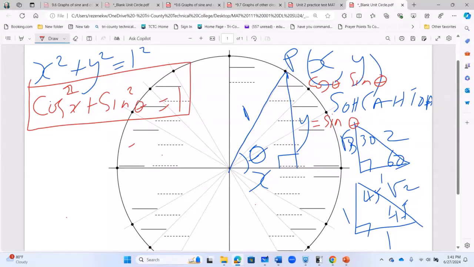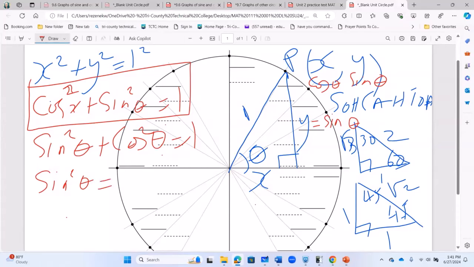I can rewrite it as sine squared theta plus cosine squared theta is equal to 1, and I can say that sine squared theta is equal to 1 minus cosine squared theta.